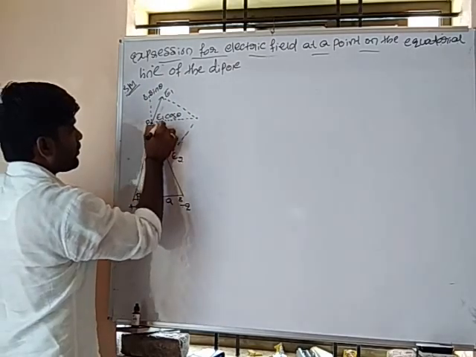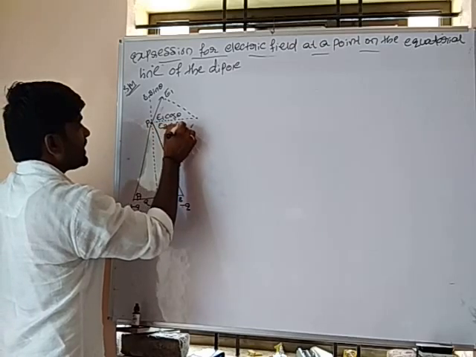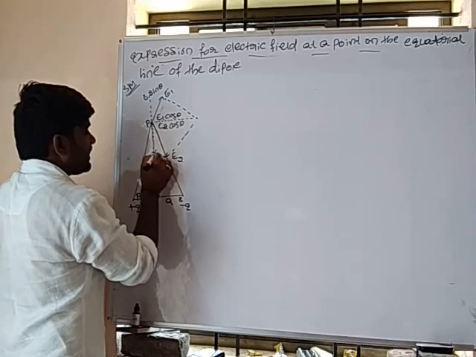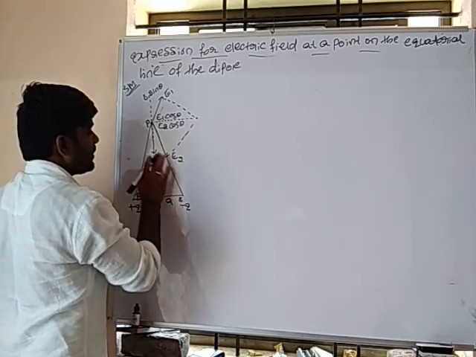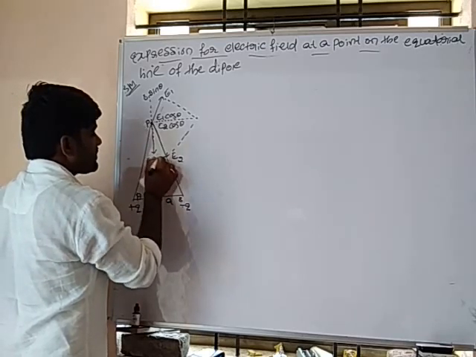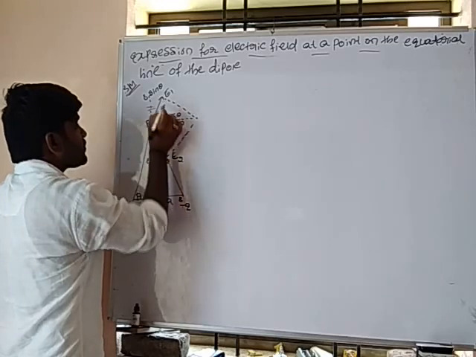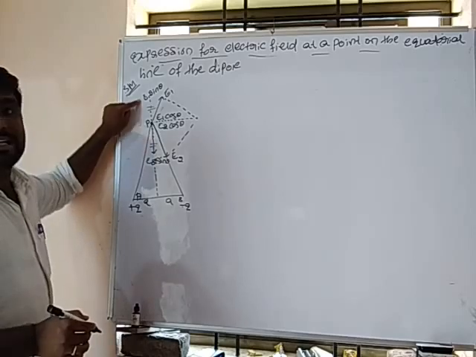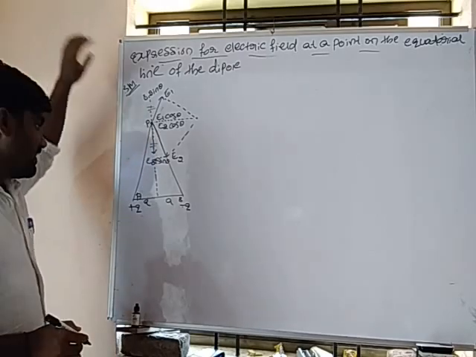Similarly for E2, it will be E2 cos theta, and perpendicular to this, along this direction, E2 sin theta. These two electric fields are the same, that's why these two components cancel each other. Okay?